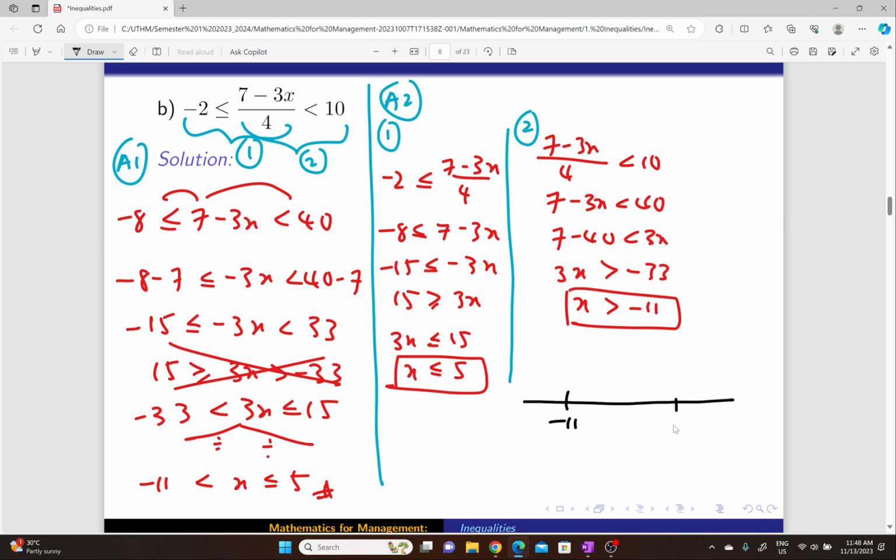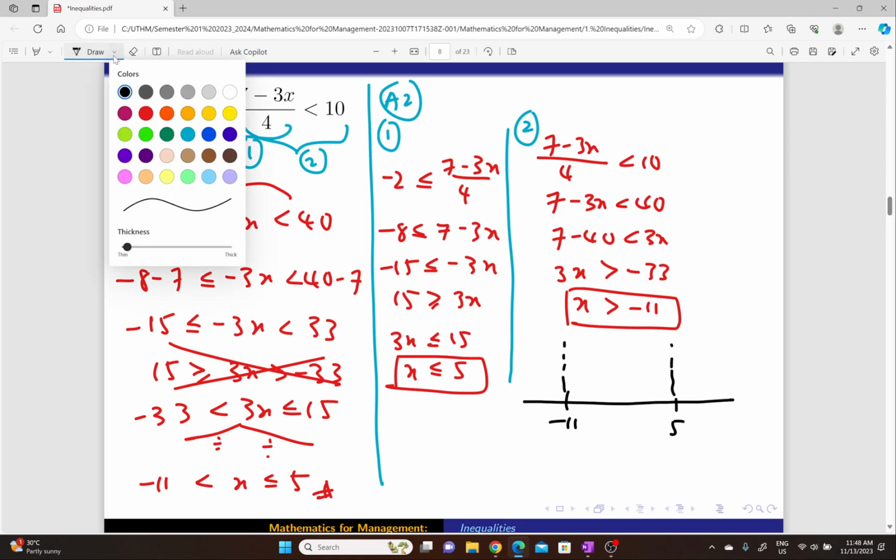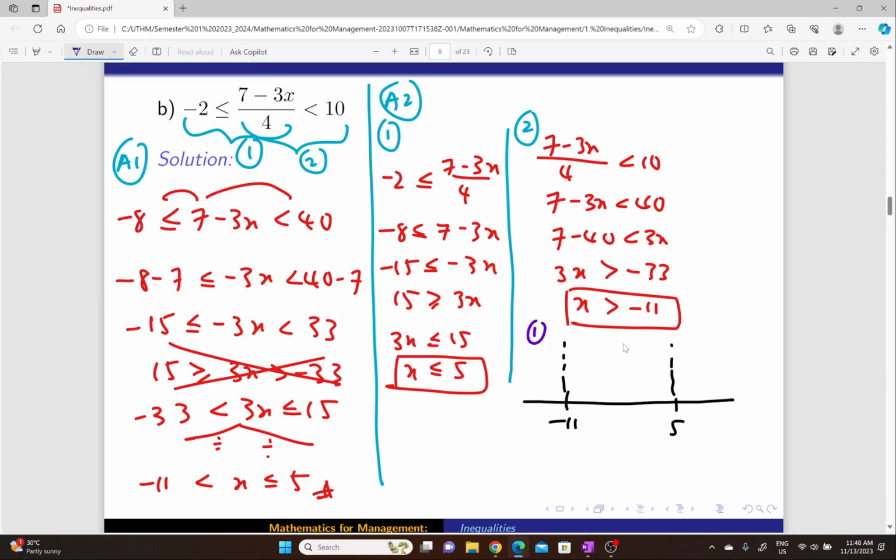Put 11 here, 5 here. You have 3 partitions.